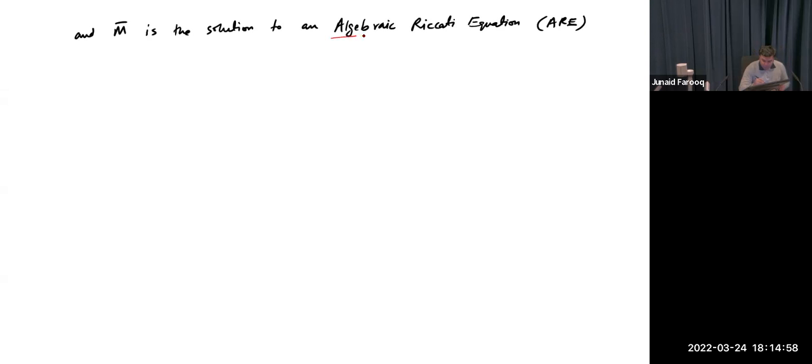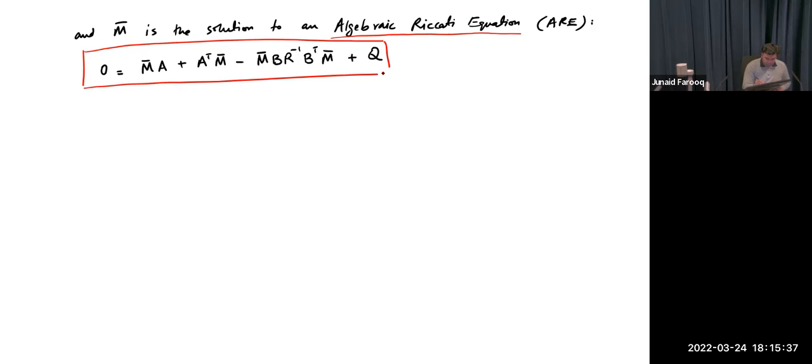Now the interesting thing is that the Riccati equation will become an algebraic equation. So there is no differential equation anymore. This equation will be 0 equals M bar A plus A transpose M bar minus M bar B R inverse B transpose M bar plus Q. Okay, so this is important.